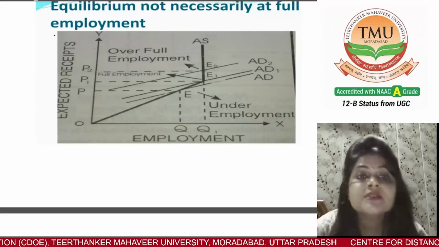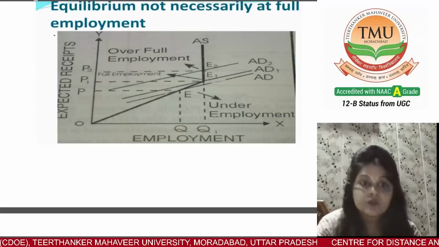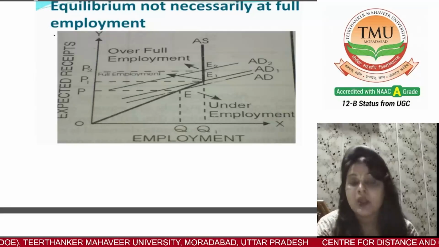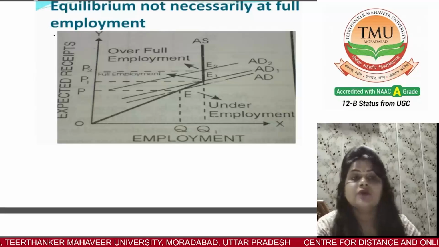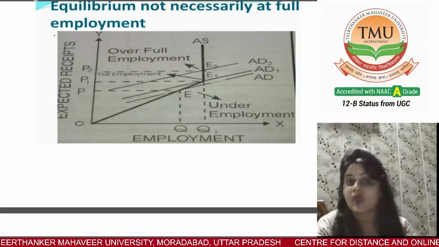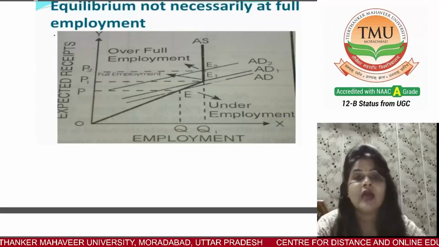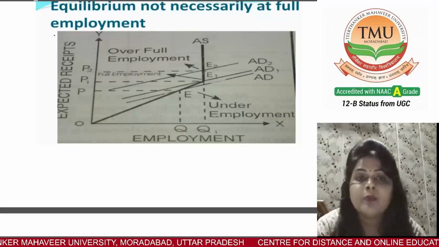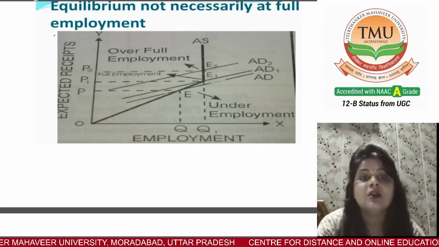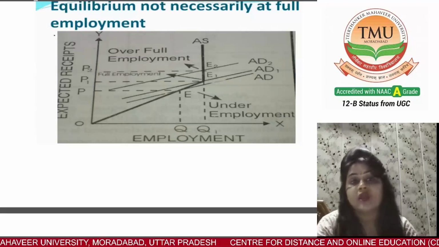to reach the economic level of full employment requires raising the point of effective demand by increasing the aggregate demand. Where point E is the effective demand, which determines the level of employment, and for full employment it requires raising the point of effective demand.